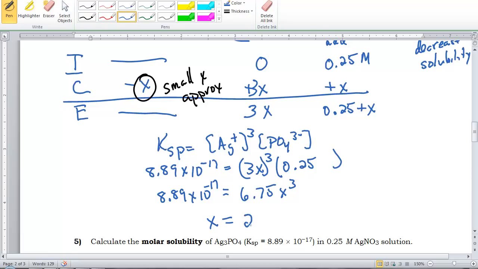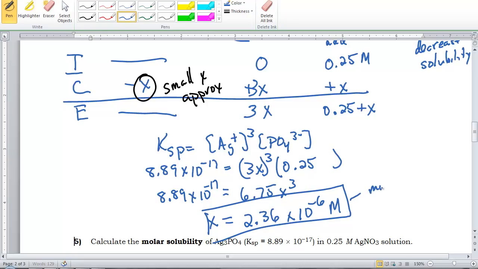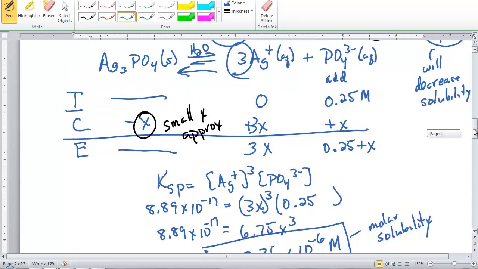and I come up with a value of 2.36, and I don't think we have 3 sig figs, or 2.4 times 10 to the negative 6 molar. Okay, so again, this is our molar solubility. Well, did our calculation bear out our prediction? Our prediction that adding a common ion would decrease the solubility.